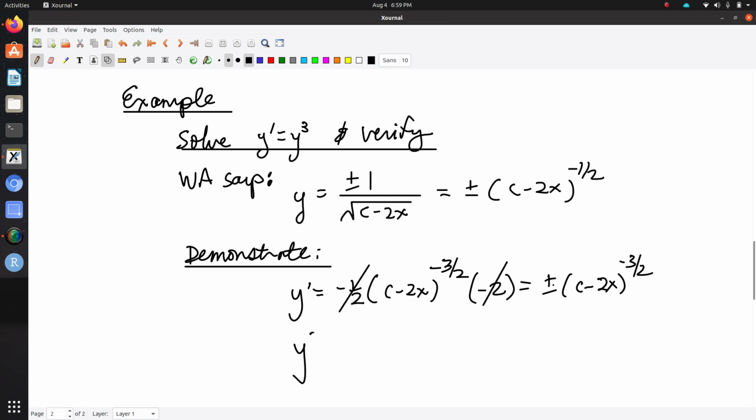We also said y cubed. Okay, so what does y cubed equal to? Well, we're just going to change this exponent here to cube that, and we're going to say, oh great, these guys are equal, which is what we were looking for. Yay. Okay, so we've demonstrated that.